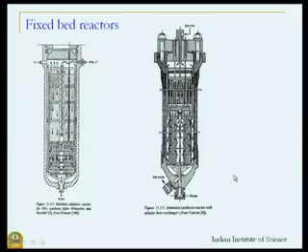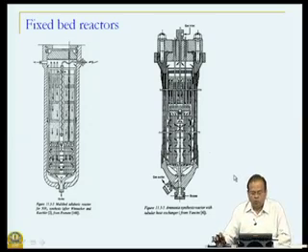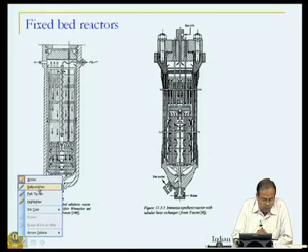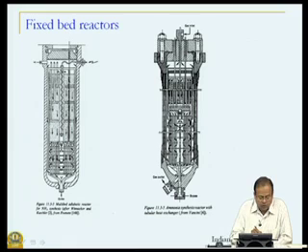But before we do that, let us look at how the reactor for this kind of reaction actually is operated. So, what you see here is two kinds of reactors.